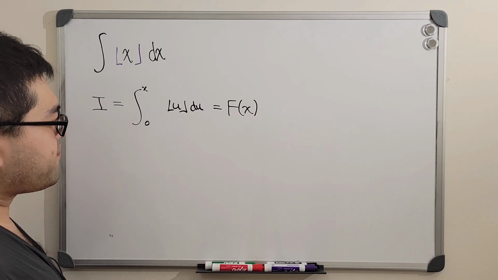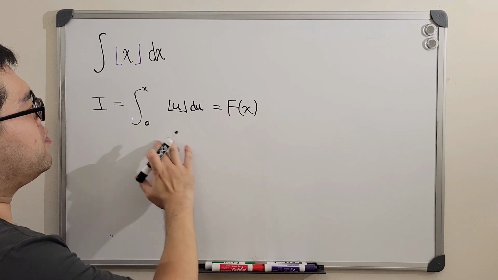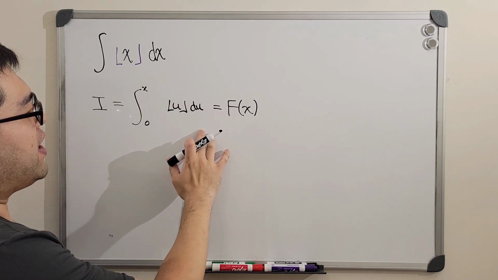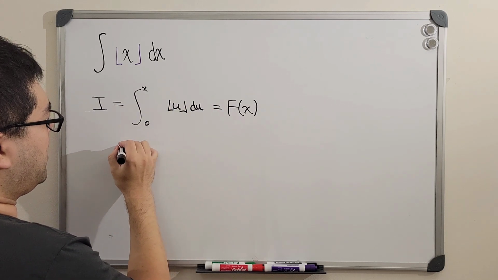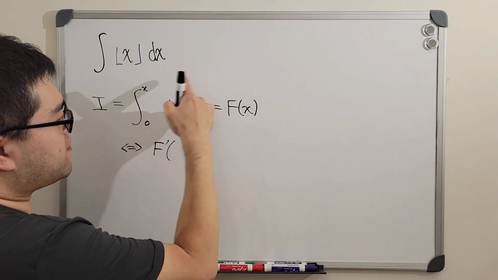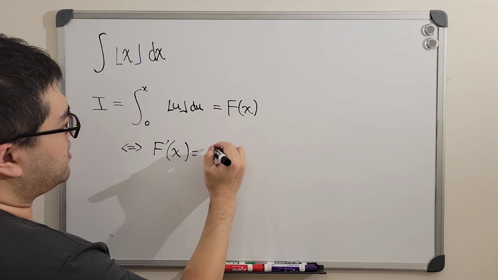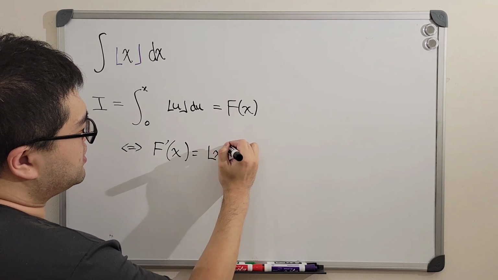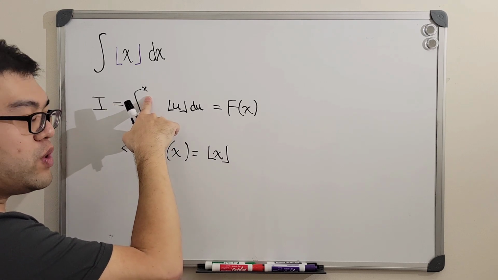And then we were able to define this integral such that the derivative of this function will just be the function itself, by substituting in the variable that we have.